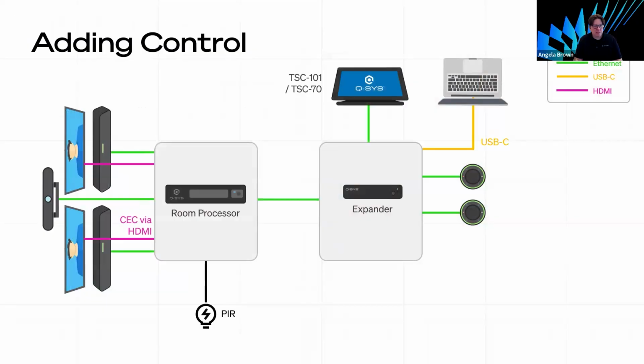All right, so now let's look at our room. And now we've got control added. So we have a little occupancy sensor. We have a touch panel. And we're still only one cable between the display and the table. I think we're doing pretty good. And all of this, we have 3, 4, 5, 6, 7 network cables and only 3 non-network cables.